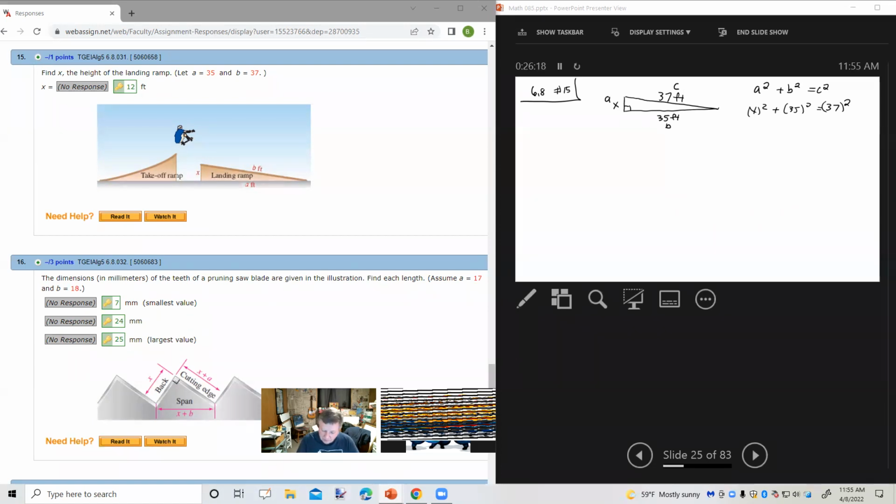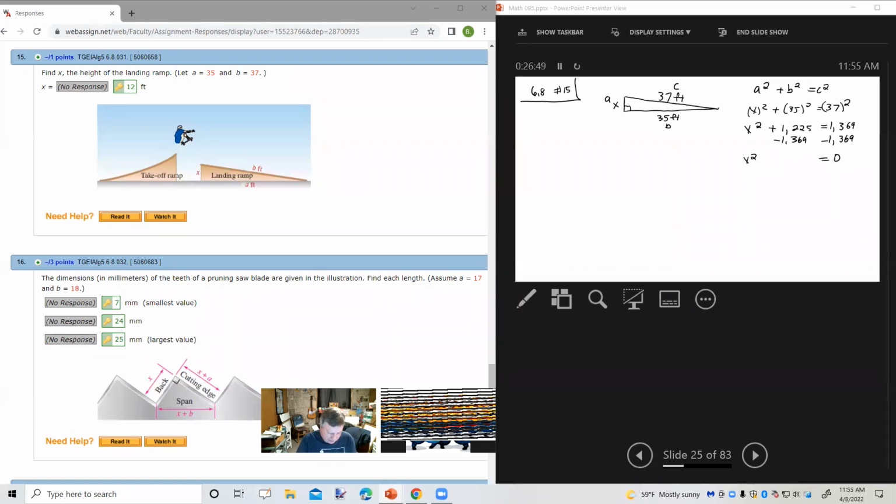Okay. So x squared plus, calculator time, let's see here, 35 squared is 1,225, equals 37 squared, 1,369. So now I'm going to subtract 1,369 from both sides.